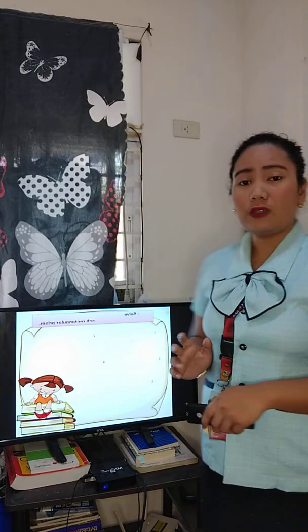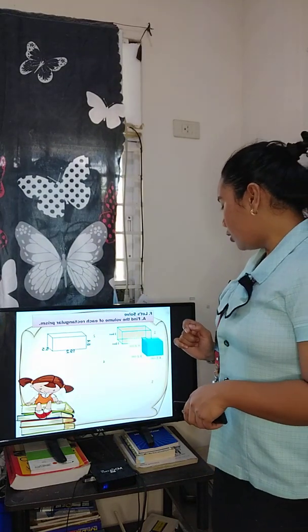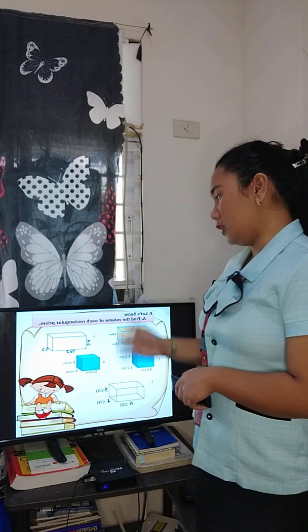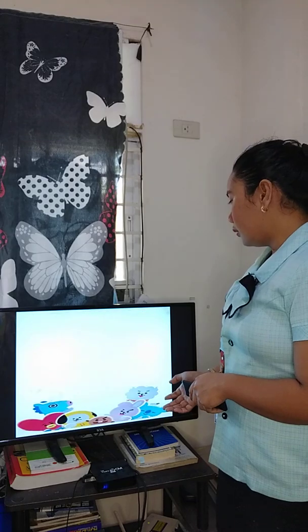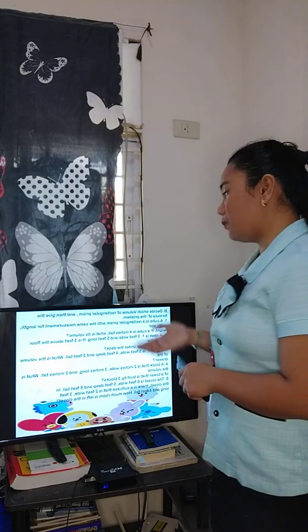Okay, class? So, get one whole sheet of paper and answer this activity. I will give you 20 minutes. For your activity, for test 1, find the volume of each rectangular prism. For test 2, decide which volume of rectangular prism and give the formula of the problem.